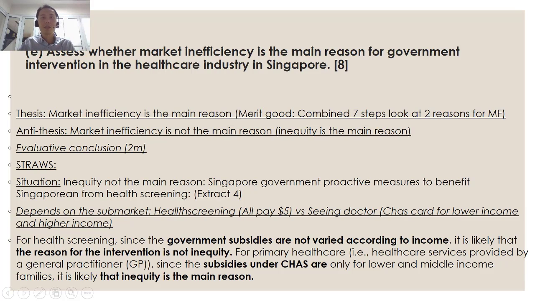In contrast, for primary healthcare, the lower income actually pay less because they have this charge cut, whereas the high income do not get any subsidies. Henceforth, inequity is likely to be the main reason.